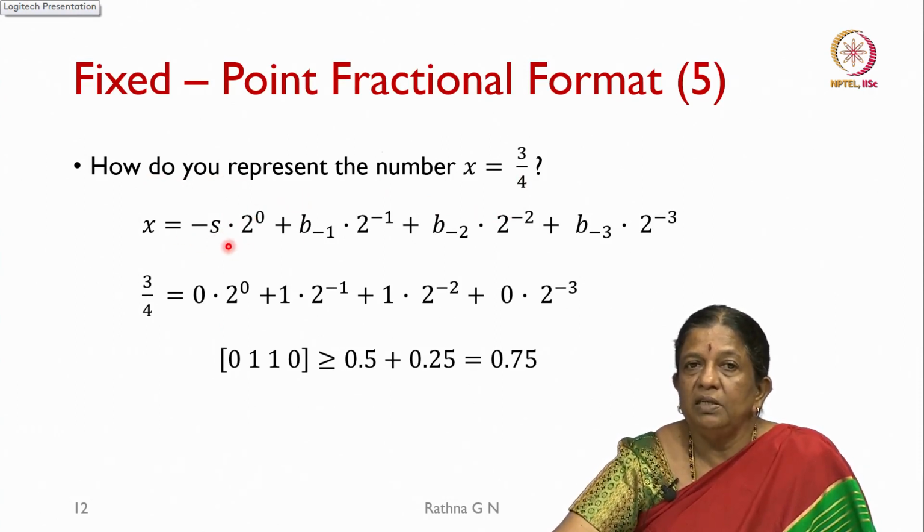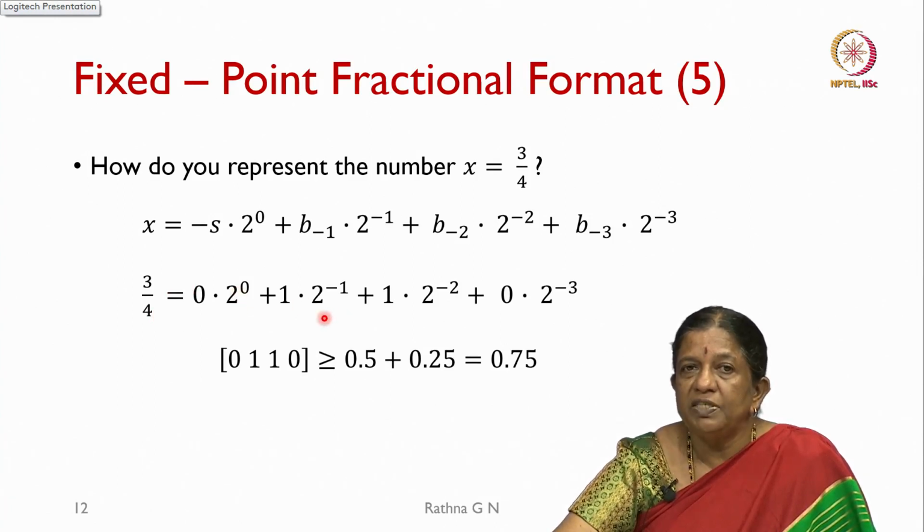We know that minus s into 2 power 0 is the representation we are considering for the fractional format, and then we substitute 3 by 4, which is equal to 0 into 2 power 0 plus 1 into 2 power minus 1, which is nothing but 0.5, and then the next term is plus 1 into 2 power minus 2, which is 0.25. We all know that 3 by 4 in the fractional representation is 0.75.